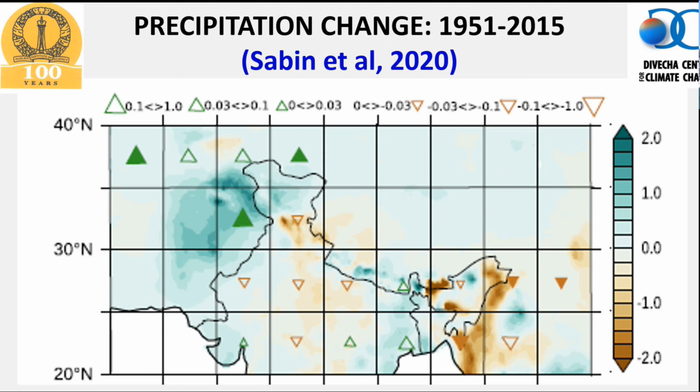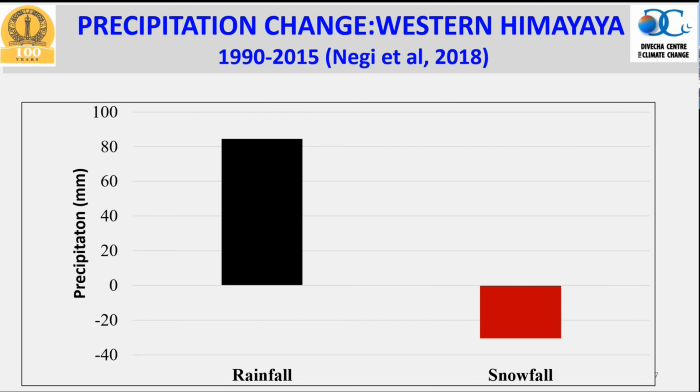That we can also see from this figure, which is done by IITM. In Western Himalaya, where the precipitation has gone up slightly, there is also a decrease in snowfall but a slight increase in rainfall, creating certain sorts of anomalies.